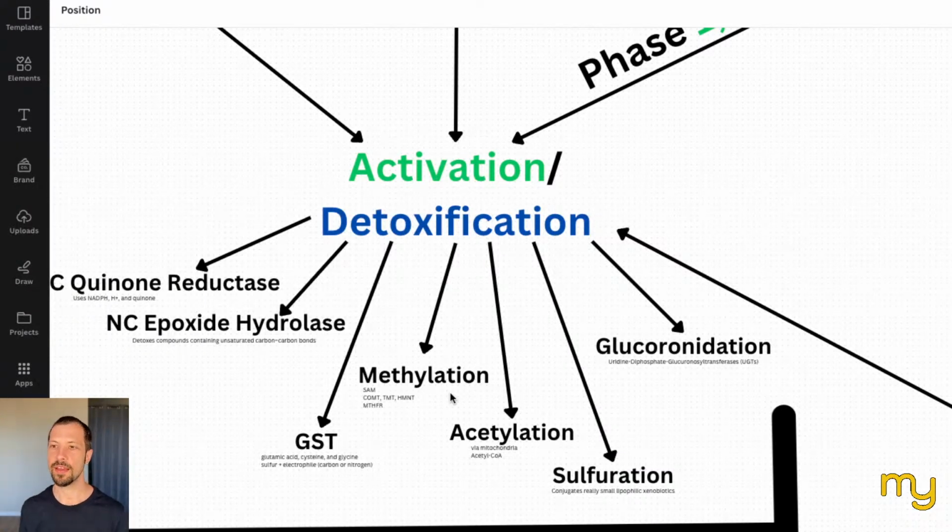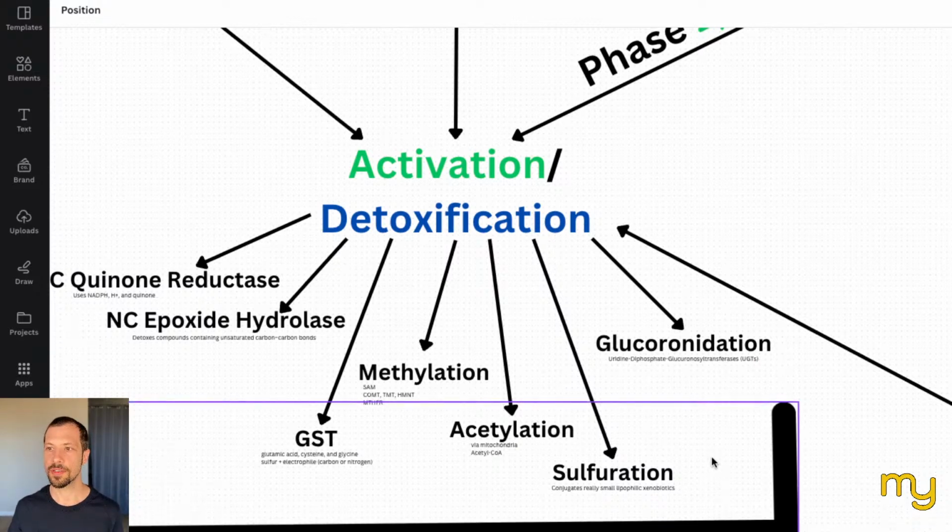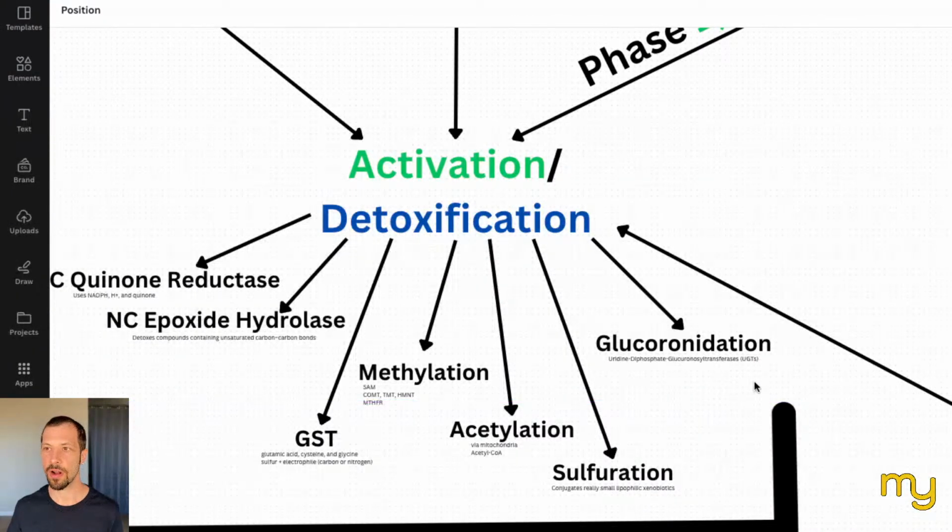You've heard of HNMT. We also have acetylation and sulfation and glucuronidation. Acetylation basically just uses acetyl-CoA, which is part of the mitochondrial cycle. Sulfation uses sulfur, you might have guessed, and glucuronidation uses UGTs, which are found in the liver.